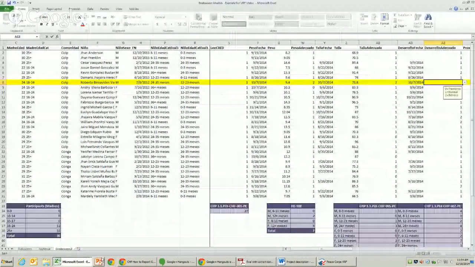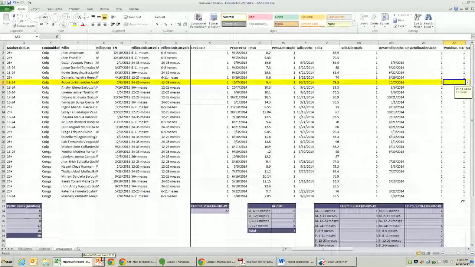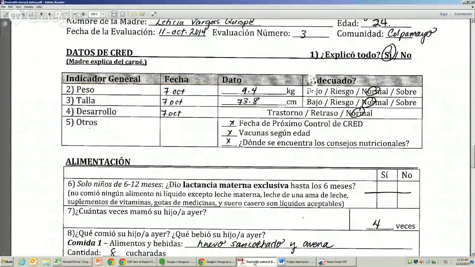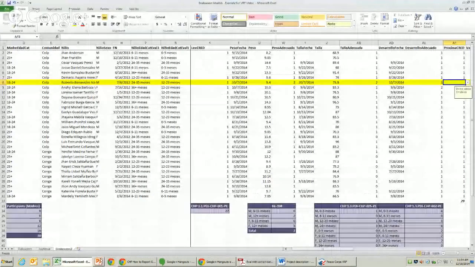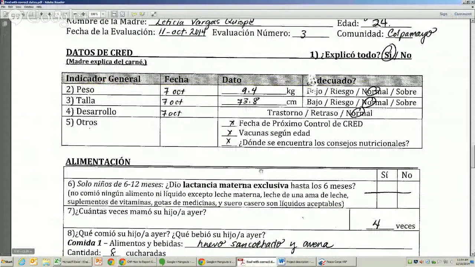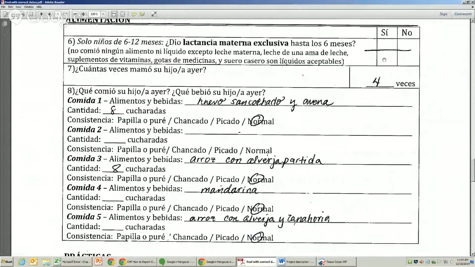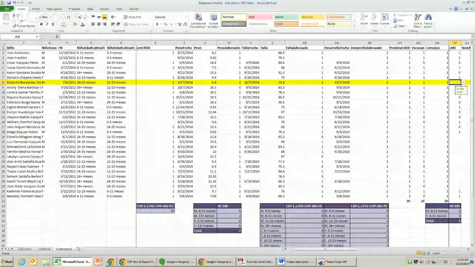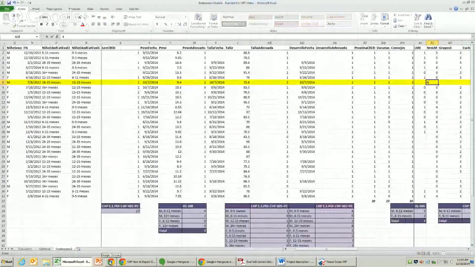So another one there. Okay, she could find all the other things we asked for. So 1, 1, 1. Again, we didn't ask about leche materna or lactancia materna exclusiva, but we did ask how many times the child had breast milk. So 4. We skipped this one and 4.